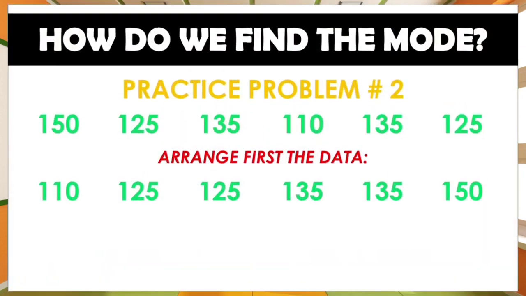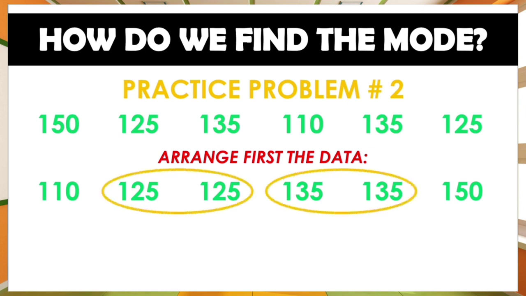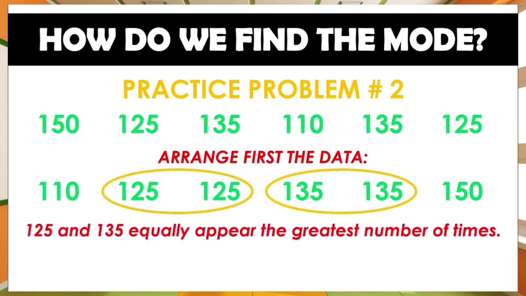Lastly, we determine the mode. Now that we already arranged the data from lowest to highest, we can already inspect which values appear the greatest number of times. Based on the data, the modes are 125 and 135 because they both equally appear 2 times, which is greater compared to the rest of the values which only appear once.